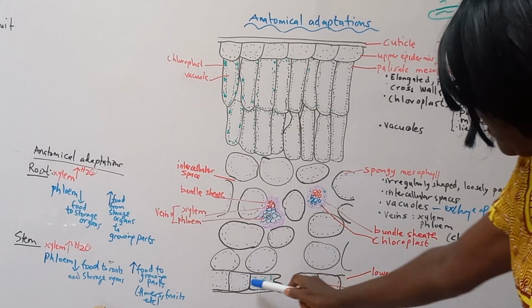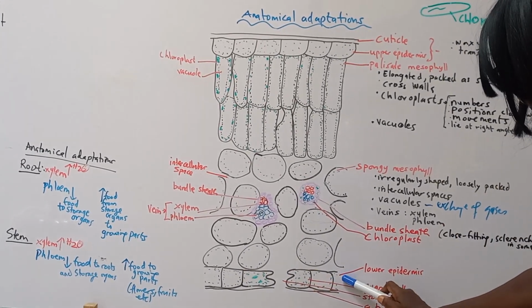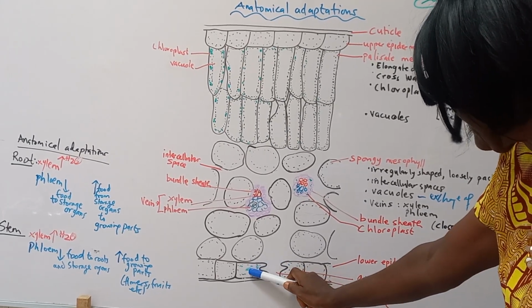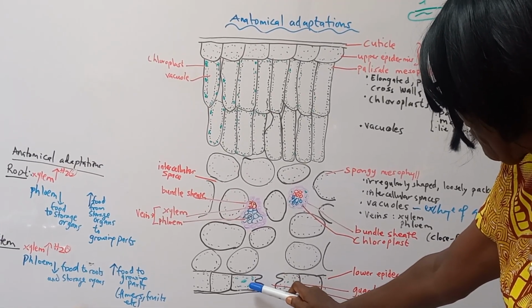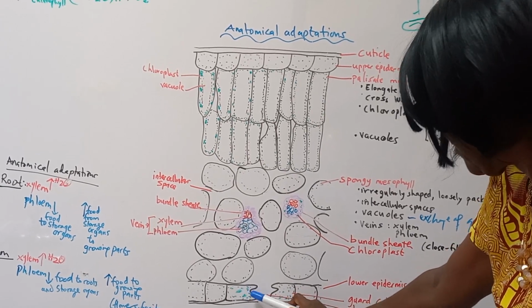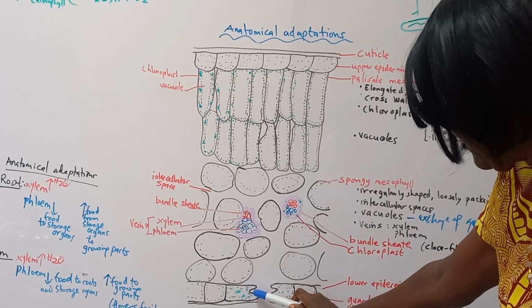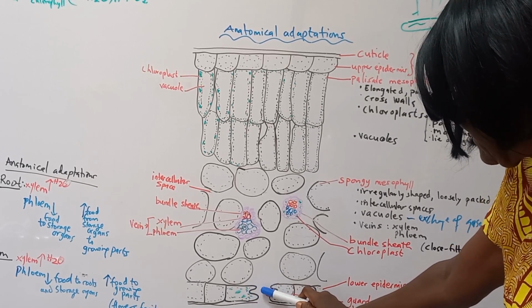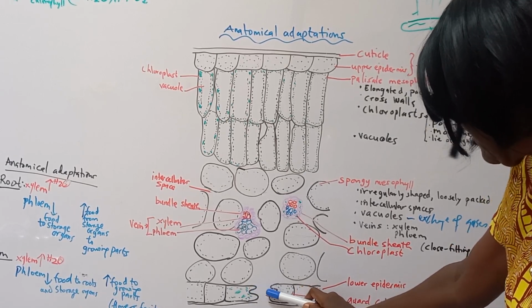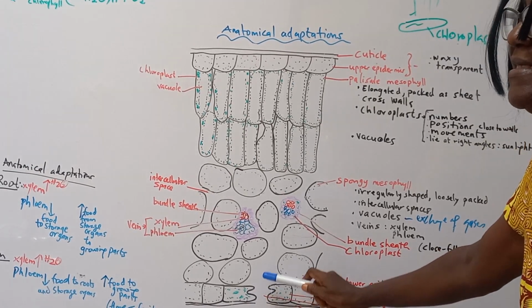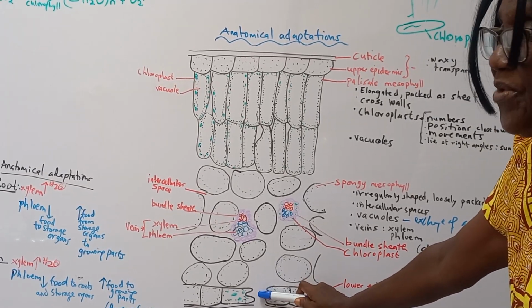The other cells of the lower epidermis lack chloroplast, and the guard cells have chloroplast so that the formation of glucose or not will regulate the size of the stoma, opening the stoma, enlarging it, or reducing its size. This we discussed in our lesson on guard cell regulation.